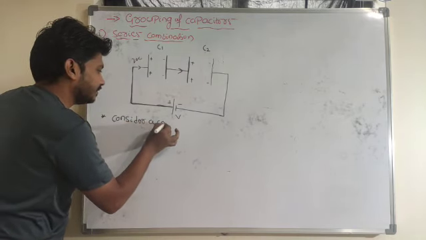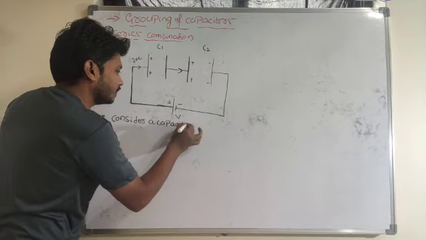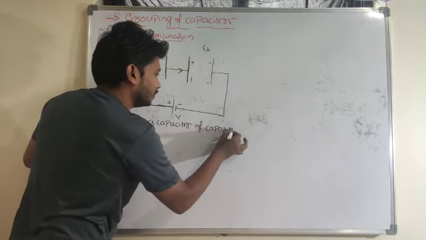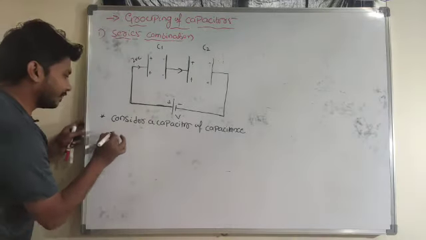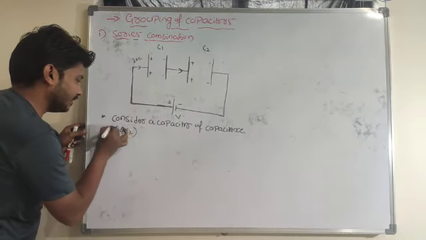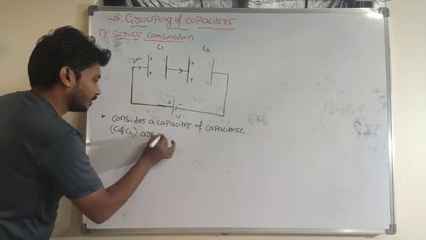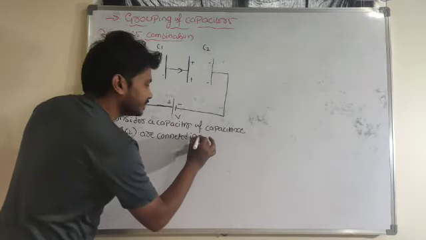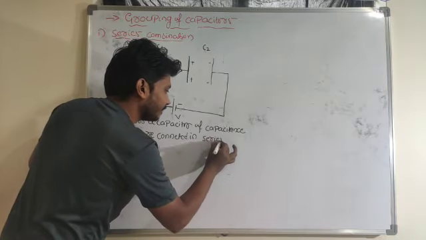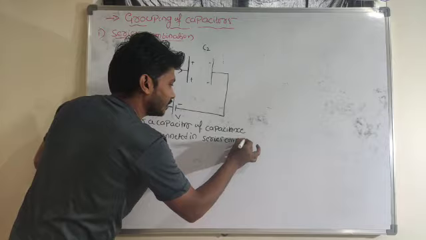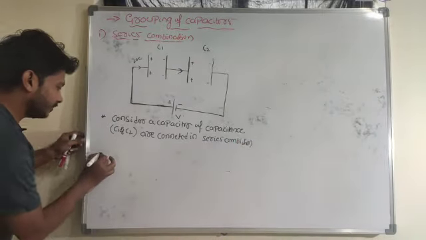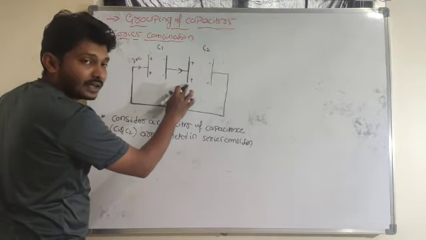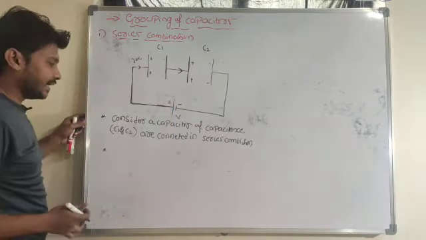Consider capacitors of capacitance C1 and C2 connected in series combination. What is a series connection here? The negative plate of the first capacitor is connected to the positive plate of the second capacitor.